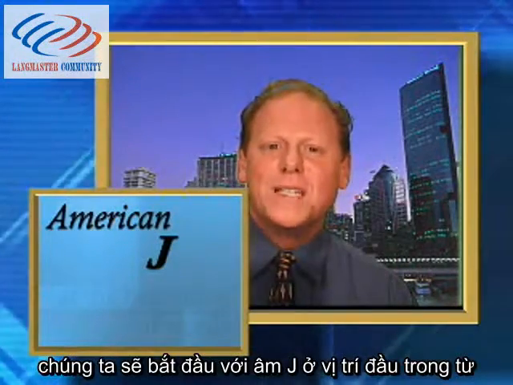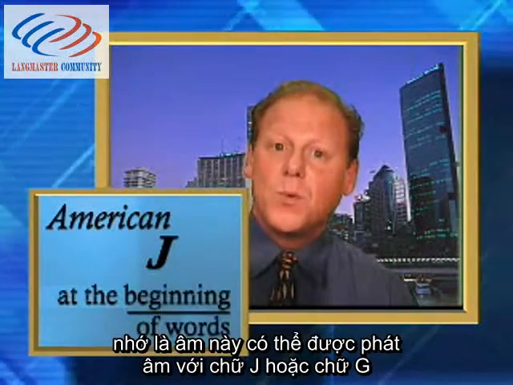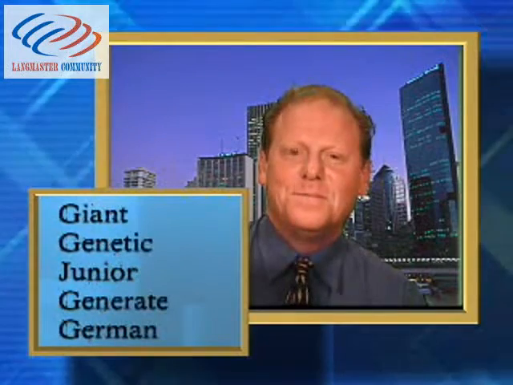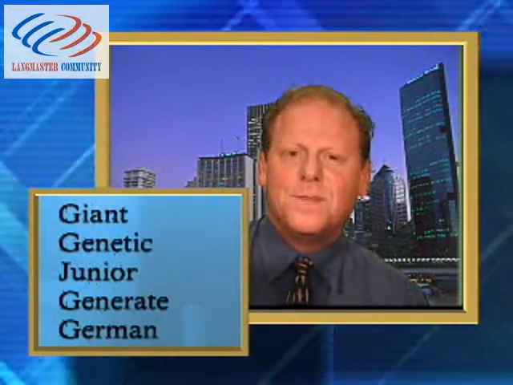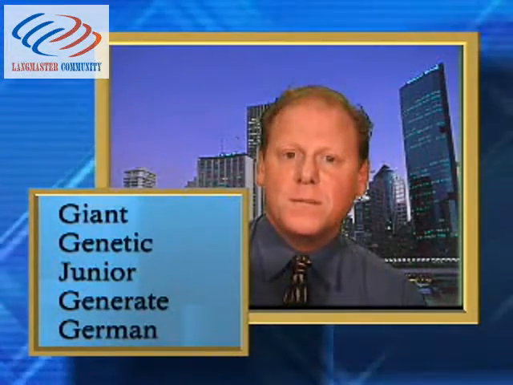We'll start with the J sound at the beginning of words. Keep in mind that these sounds can be spelled with both the letter J or the letter G. Here we go. Juice, jump, juggle, jury, Japan, giant, genetic, junior, generate, German.